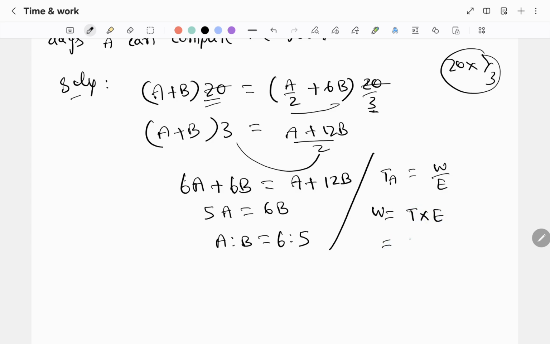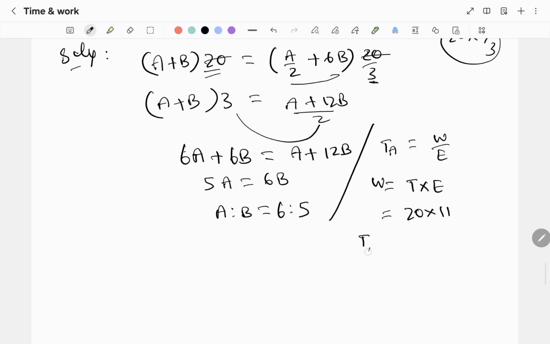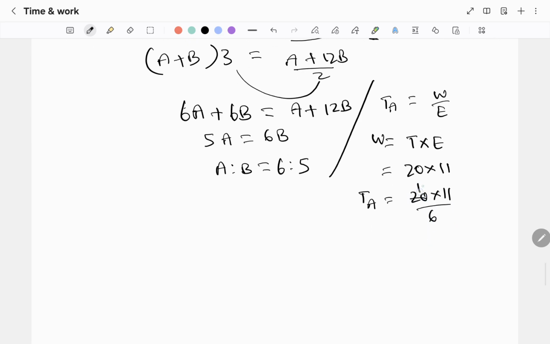Time is together they have taken 20 days to complete the work, and efficiency is 6 plus 5, 11. Now time taken by A is work by efficiency. Efficiency of A is 6. So it will be 2 tens, 2 threes, 110 by 3. Hope you understood this question. Next question.